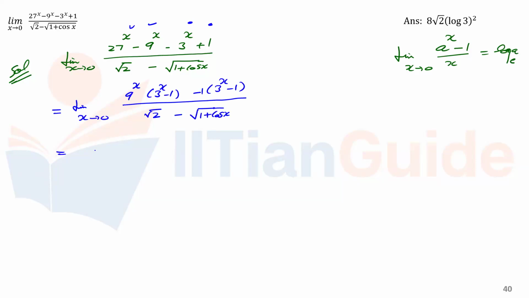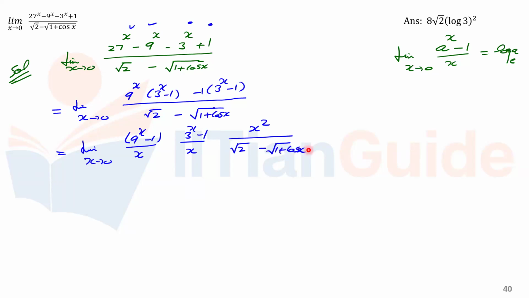Now we can write limits x tending to 0. We have done the factor: 9 power x minus 1 is one factor. But in the formula I have a power x minus 1 by x, so I am writing x again. I will do the manipulation afterwards. The next factor is 3 power x minus 1. I need x, so I am writing x again here. I have done x into x two times, basically x square, so I am multiplying with x square, and I am left with root 2 minus root of 1 plus cos x.